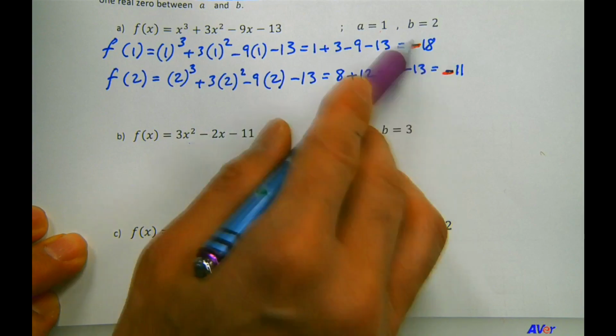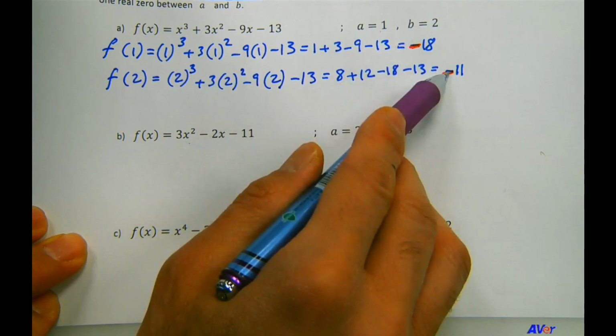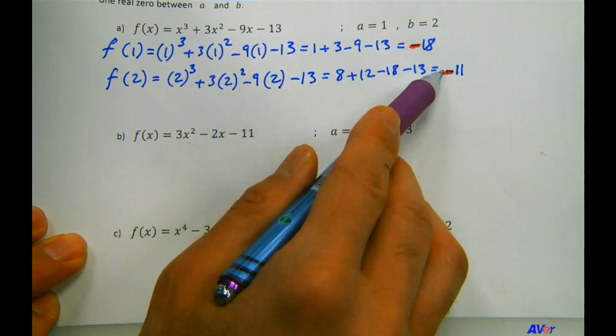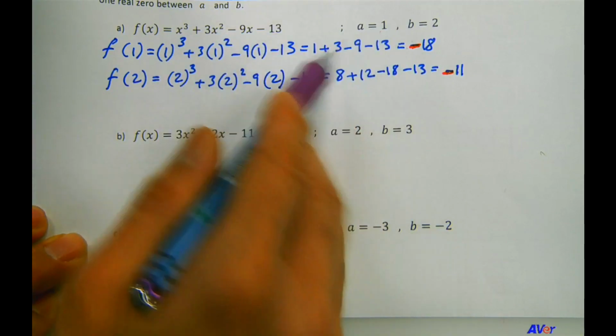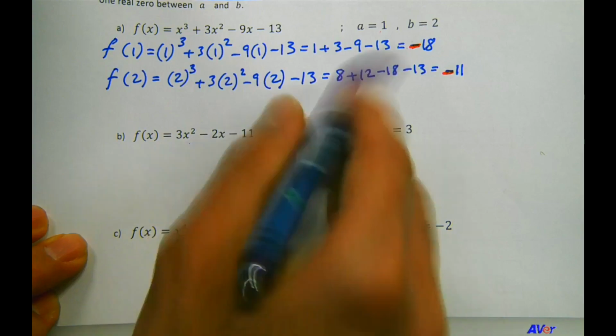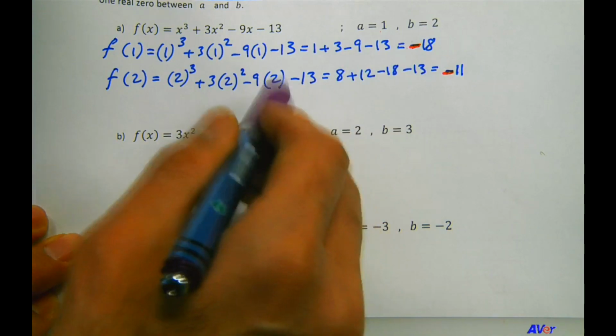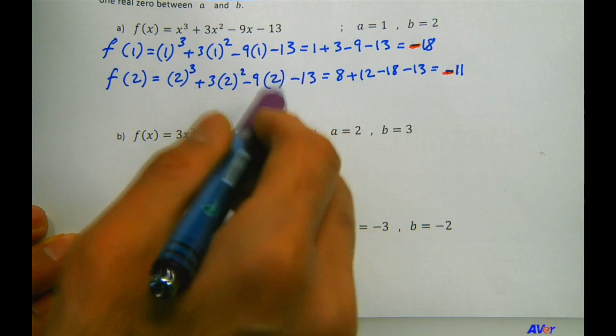If it switched algebraic signs, going from positive to negative or negative to positive, then that would suggest that there is a zero, a point of transition on the x-axis.